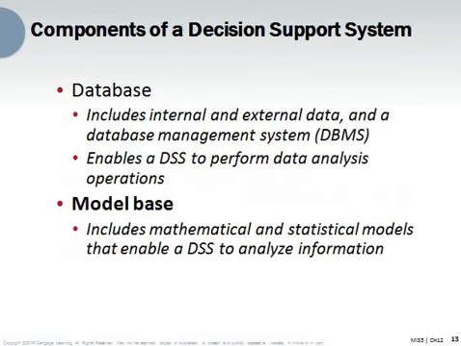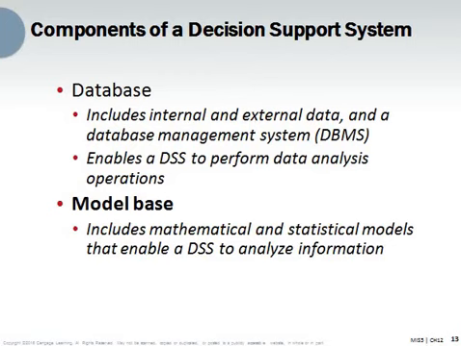Component of a decision support system: database. For a decision support system, we need a database that includes internal and external data, and a database management system, DBMS. We will discuss in detail later what the database and DBMS are, and different types of databases, tables, and variables in the next class.